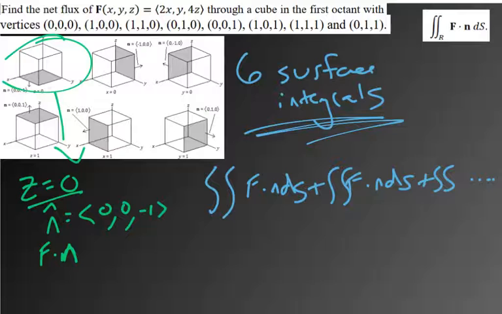But the power of the last thing I taught you, the divergence theorem, is that if you ever have what they call a simple solid, like a cube, spheres, tetrahedron, stuff like that, then you can just use the divergence theorem. And so this problem that becomes super cumbersome, where you have to do this for every single side, simplifies a ton. So this is how I would do the problem, and how I would hope you would do the problem too.